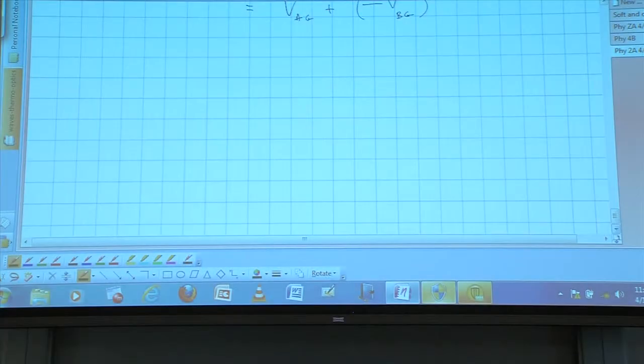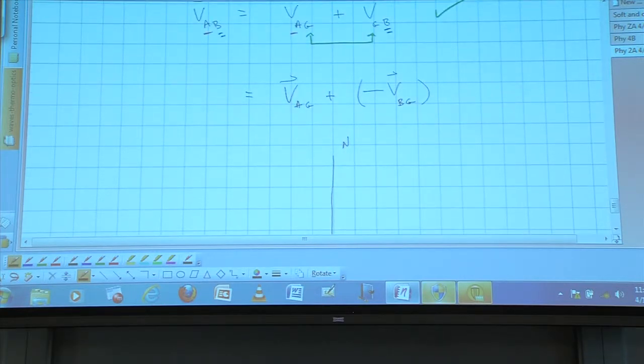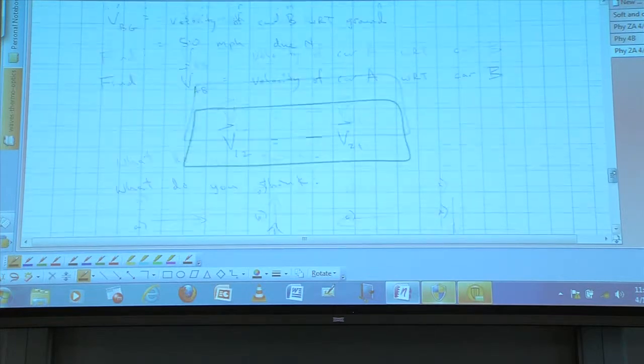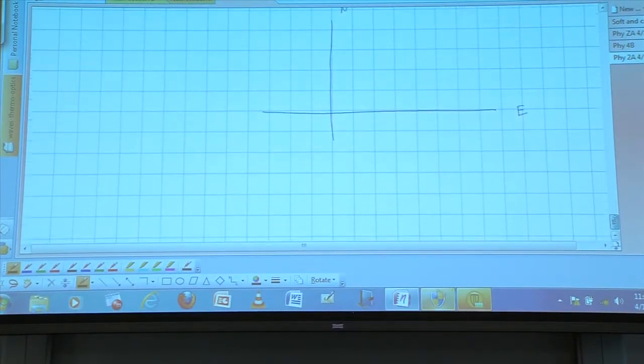So if we were doing this graphically, we would do it like this. The velocity of A with respect to the ground is right here.